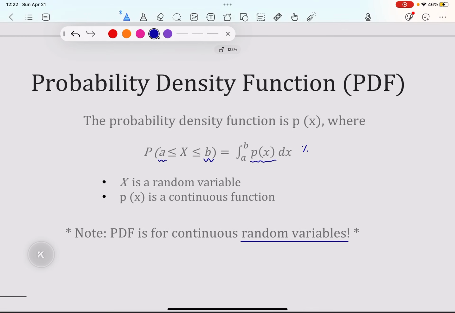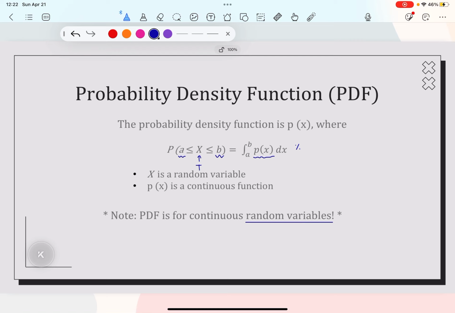And you always have to keep in mind that this is going to be, so for the last problem we did, it was a capital T for the time, but it's always going to be a random variable. And keep in mind that the p of x is always going to be a continuous function in order for us to apply the PDF.